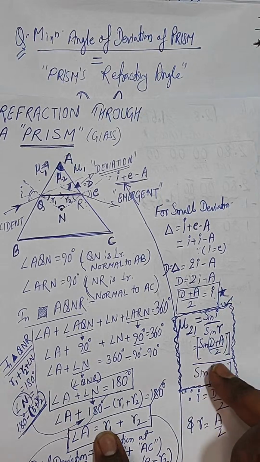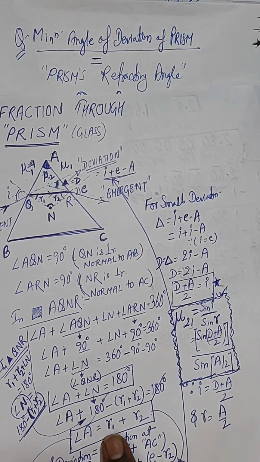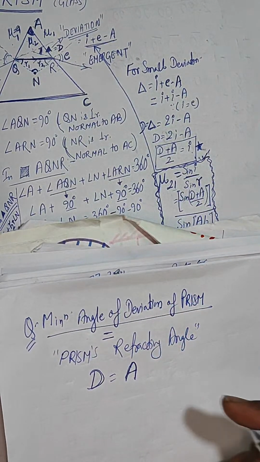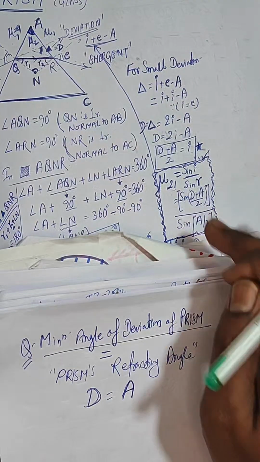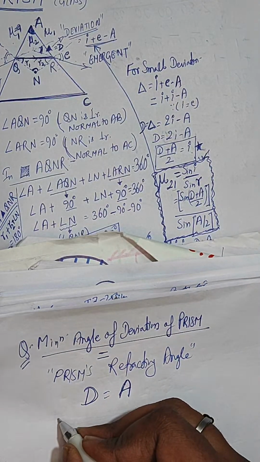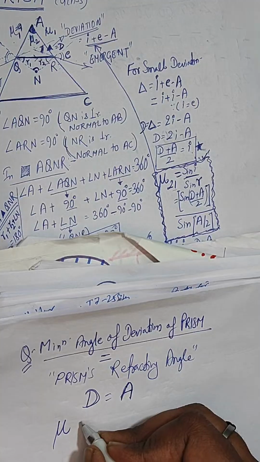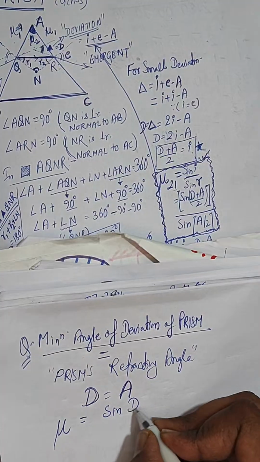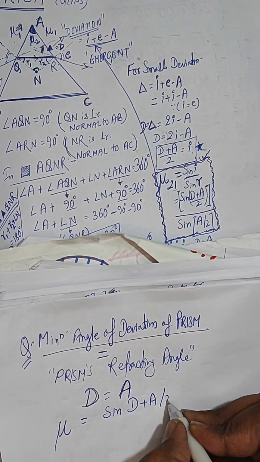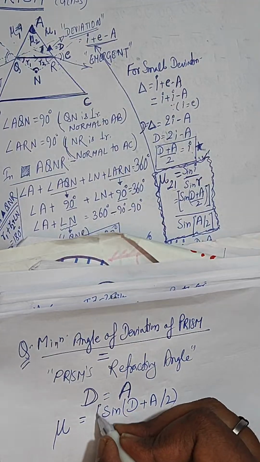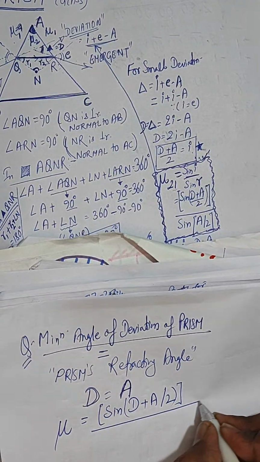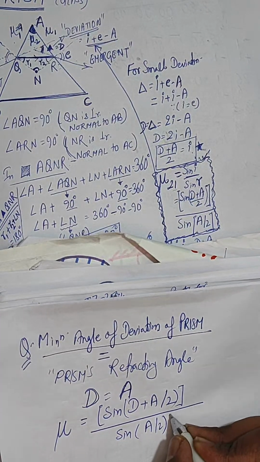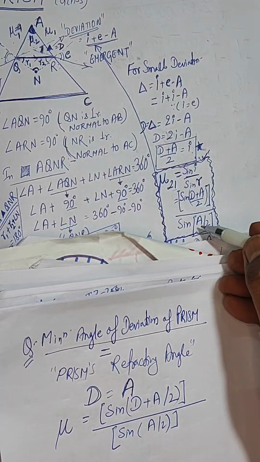So using this formula, just write it over here, that yes, what we have proved is mu is equal to sine of D plus A by 2 divided by sine of A by 2, this one, right?